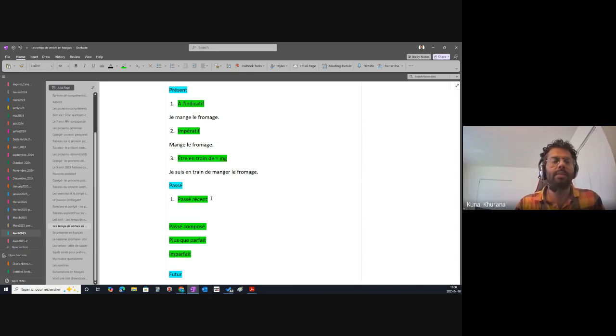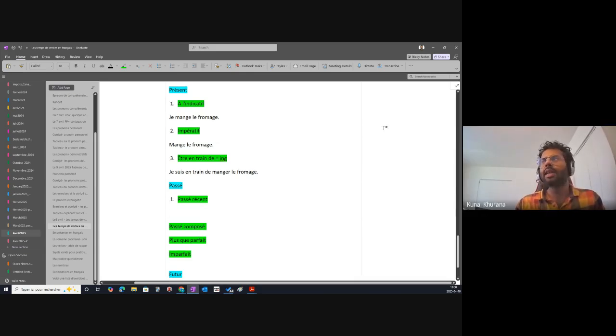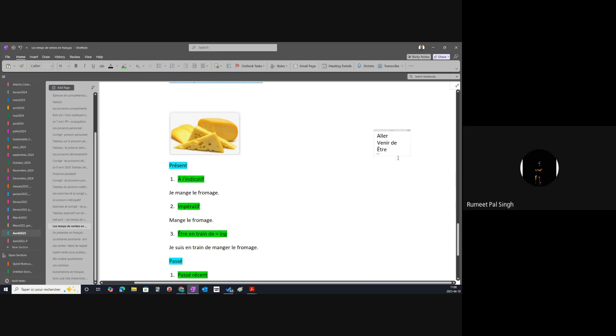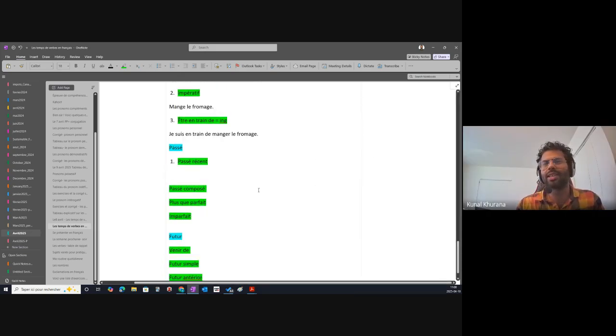Do you remember that we did an exercise before where we used aller and venir de plus être en train de? So where we did not conjugate the main verb. Je viens de manger. Très bien.